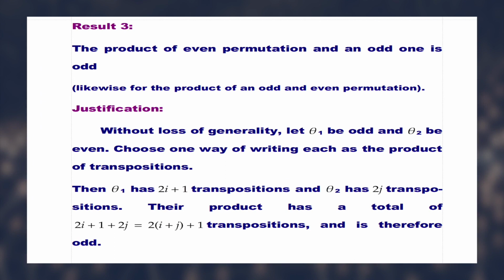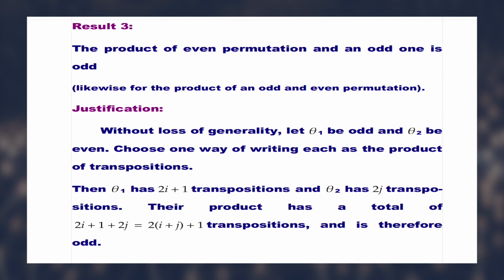Next, we see result 3. The product of an even permutation and an odd one is odd. Likewise for the product of an odd and an even permutation. We will justify it without loss of generality. Let theta 1 be odd and theta 2 be even. Choose one way of writing each as a product of transpositions.